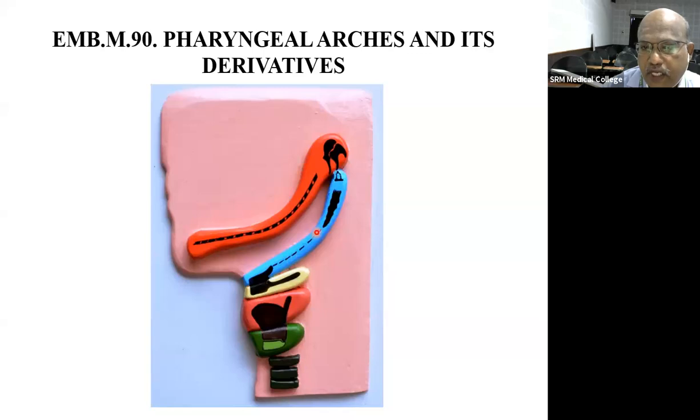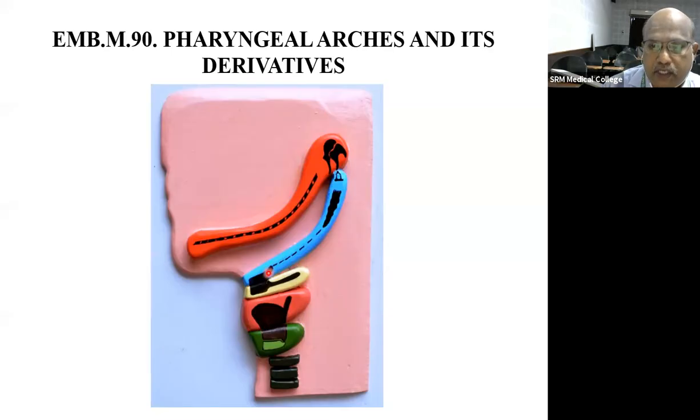In between, we have the perichondrium covering the second arch cartilage that forms the stylohyoid ligament. These are all the skeletal derivatives. You already know the nerve of this arch and the muscles derived from it. We have enumerated them so many times that you should be able to enumerate them here also.